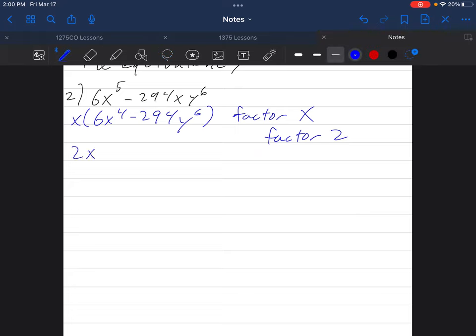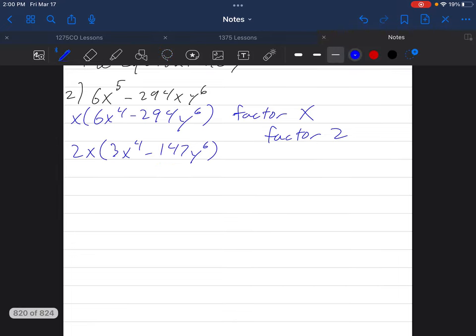So that's going to make a 2x out here. And that's going to be 3x to the 4th minus 294 divided by 2 is going to be 147. And that's going to be y to the 6th power. So we know this is a 3 and this is a negative 147. A neat little trick is if you take this number 1 plus 4 plus 7, that's equal to 5 plus 7, which is 12.